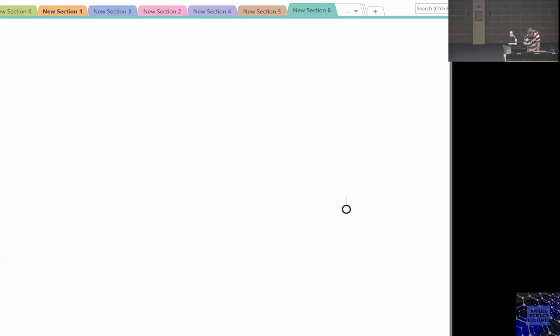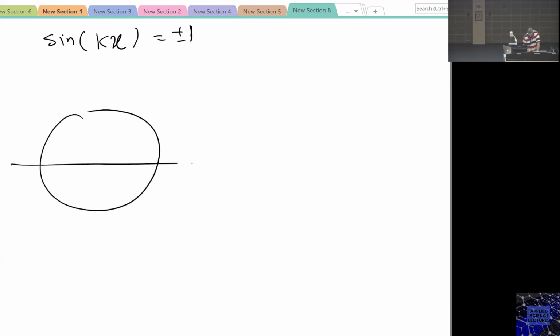So in this case, I would be solving for sine kx to be +-1. So what are the phases that will result in a sine to be +-1? We'll go back to the unit circle here, and we need to find out where are those phases.